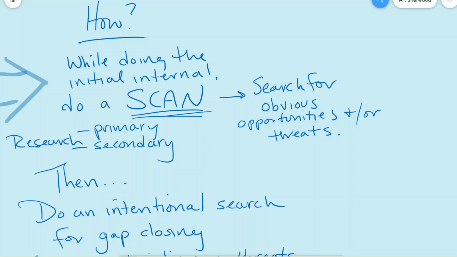You're searching for obvious opportunities or threats. And so you want to get that initial scan underway right away, doing primary and secondary research. So you can be using the web, you can be talking to people, obviously talking to your client if you have a client, talking to people who are experts, etc.